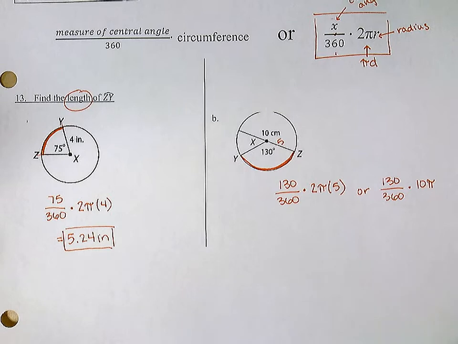From this point, you can enter it into your calculator. Again, take 130 divided by 360, press enter to get that decimal, and then multiply that right away by 2 times pi times 5, or 10 times pi.